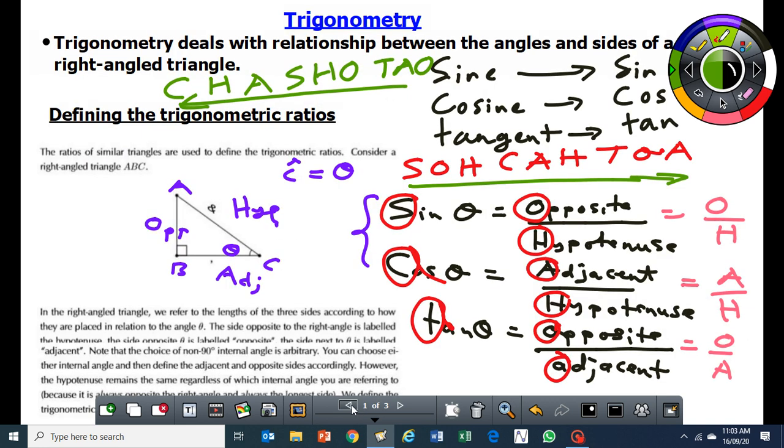You just swap the numerator and the denominator of the formula for the original trigonometric ratios.